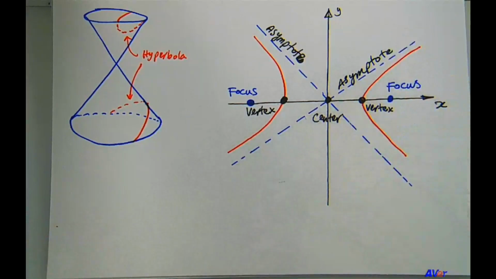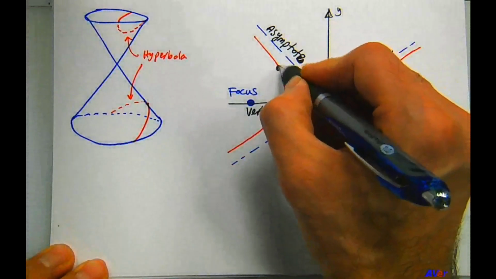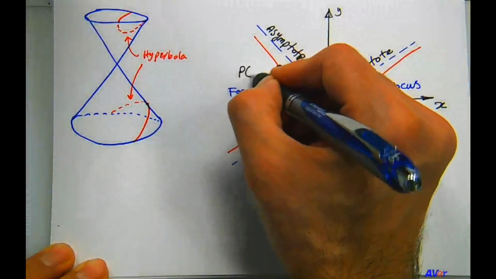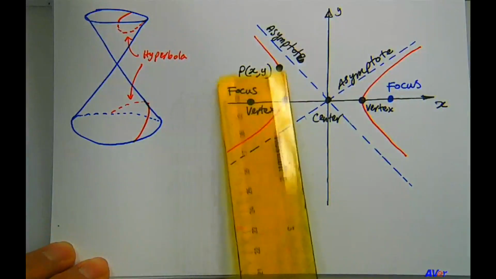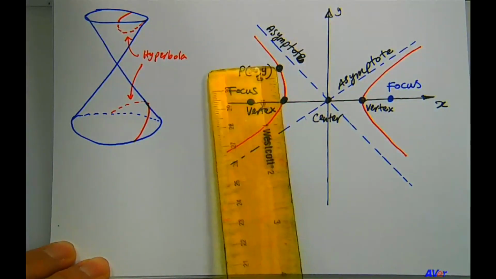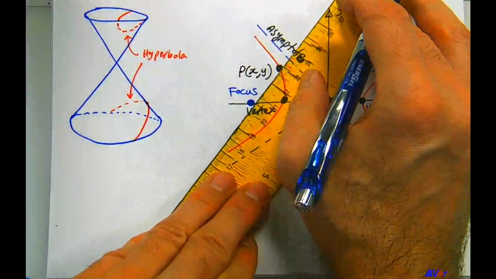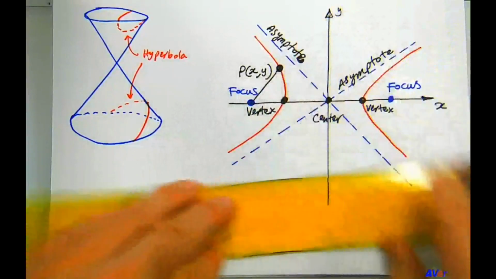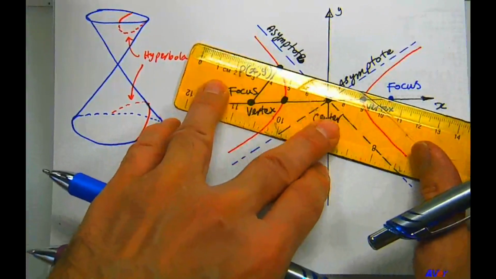So if I take, let's say, a point like that, let's call it point x comma y, then the distance between that point and this focus, and that focus right there.